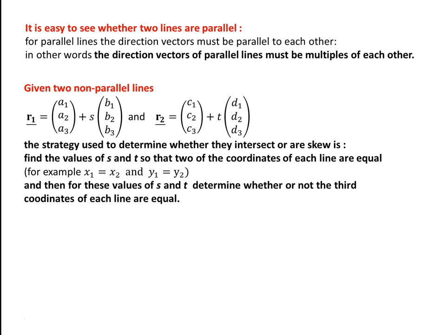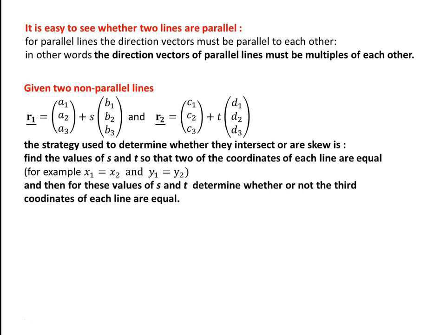For example, we might find the values of s and t so that x1 is equal to x2 and y1 is equal to y2. We might instead find values of s and t so that x1 equals x2 and z1 equals z2. Or we could find the values of s and t so that y1 was equal to y2 and z1 equals z2.